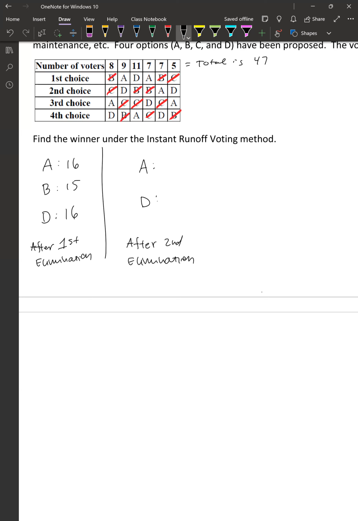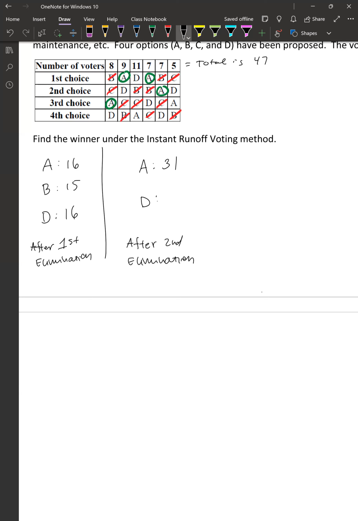All right, how many first place votes does A have? A gets these 8, these 9, and these 7, and these 7. All right, what do we got? 8 plus 9 plus 7 plus 7. That's 31.